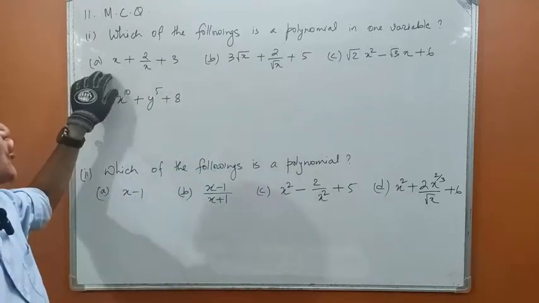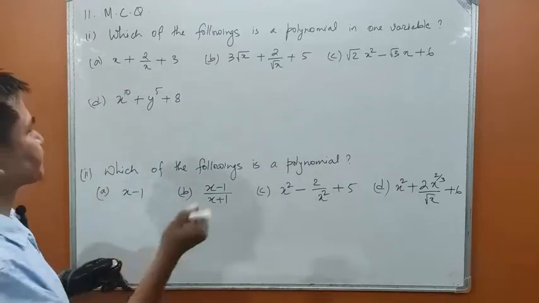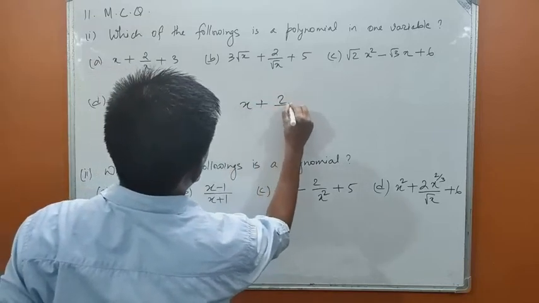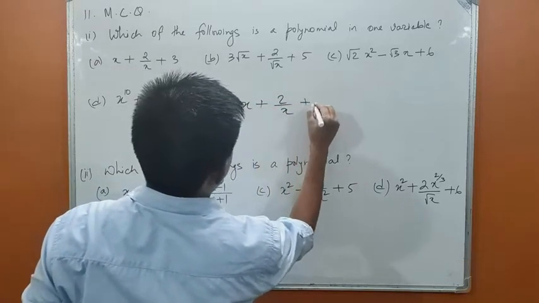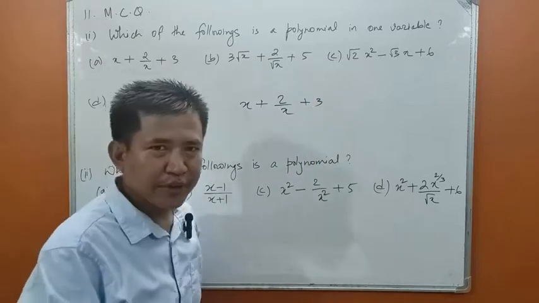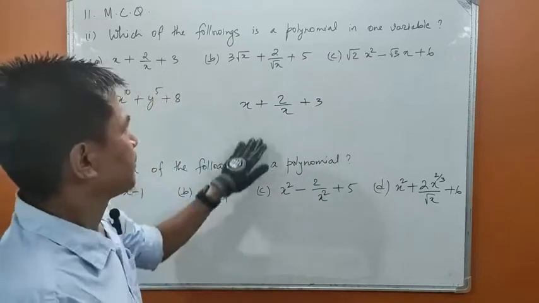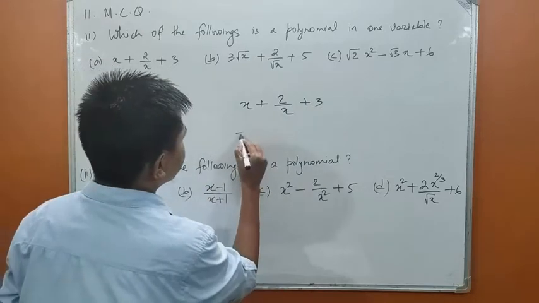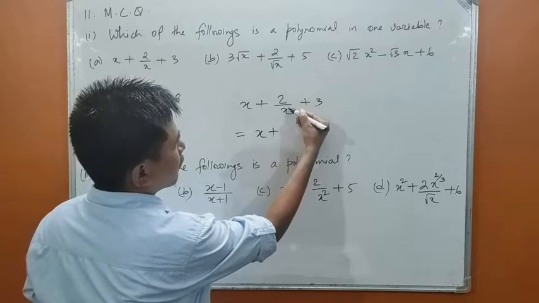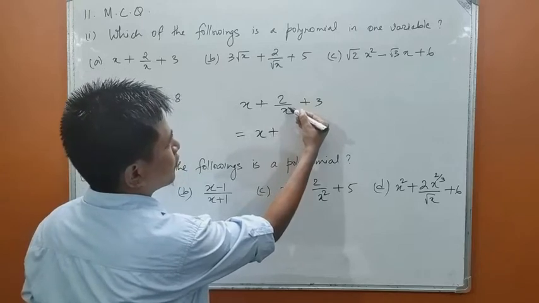Okay, let's check out option A. x plus 2 upon x plus 3. So this cannot be a polynomial, isn't it? Because if we rewrite this, we have the power of x as 1 in the denominator.